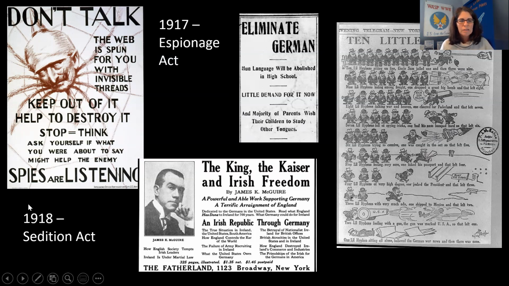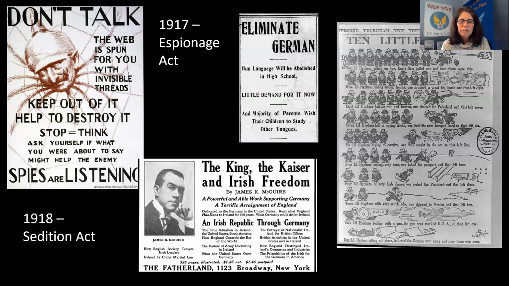And then the second piece that comes out, and these are great violations of civil liberties in the United States, is the Sedition Act, which makes it illegal to speak out against the American government, the American military, or any of our allies. So this article, he could have been charged under the Sedition Act.